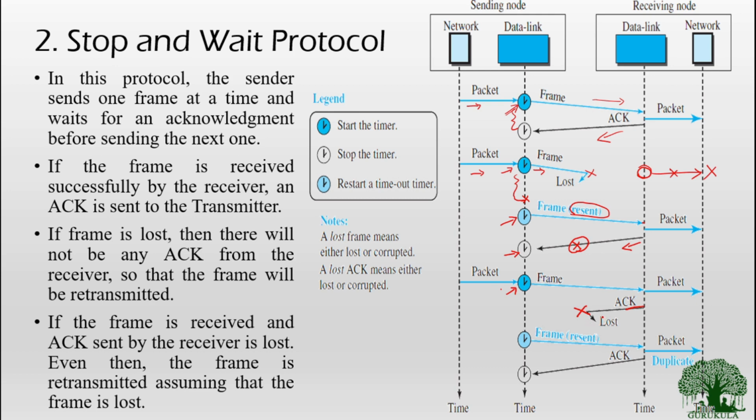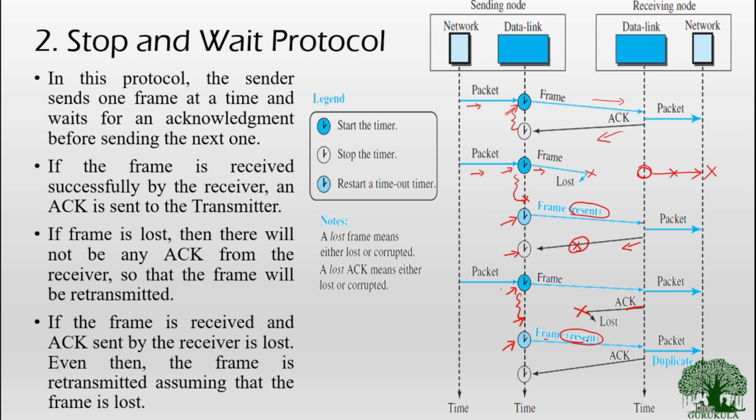In this case, the transmitter will not receive any acknowledgement before the timer runs out, so the transmitter will misinterpret that the receiver has not received any frame, and it will reinitiate the process, so the frame will be resent again.